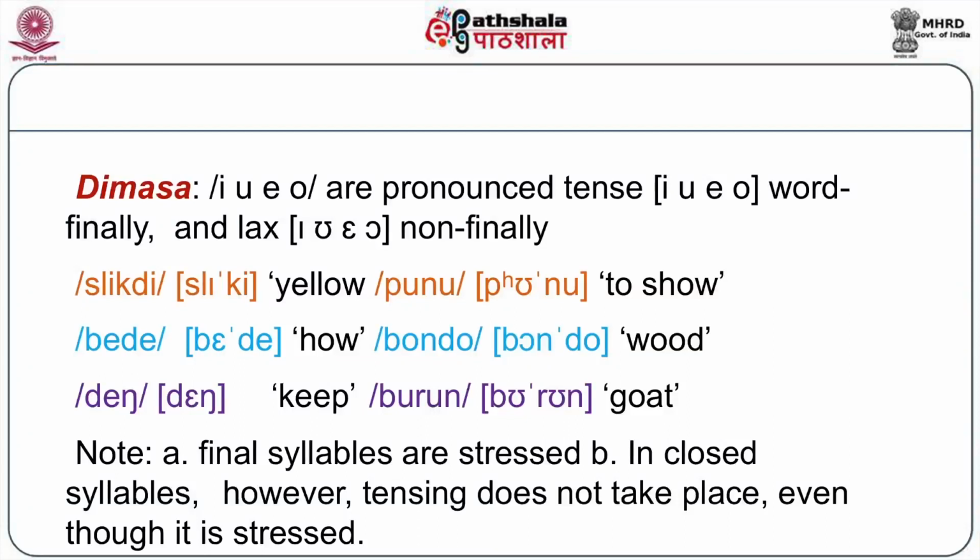Thus, we have examples to show the tensing process at the end of words in Dimasa. Notice the use of symbols, the difference in the symbols for tense and lax vowels, which is commonly practiced in phonemic descriptions.